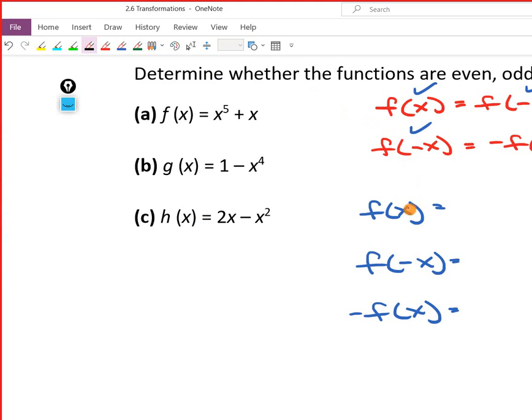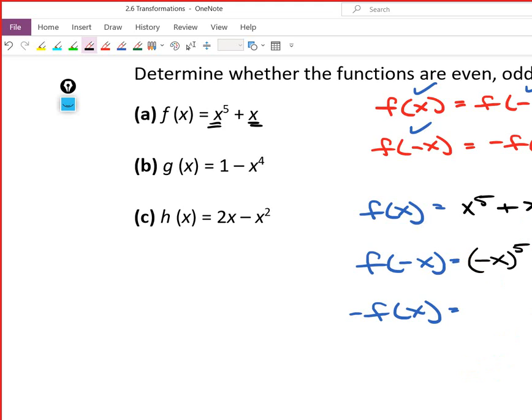So f of x, for this first example, is x to the fifth plus x. Now I'm going to do f of negative x. Everywhere I see an x, you're going to replace it with what? Negative x. Whenever I replace, I do that with parentheses, and then evaluate. So what's negative x to the fifth?